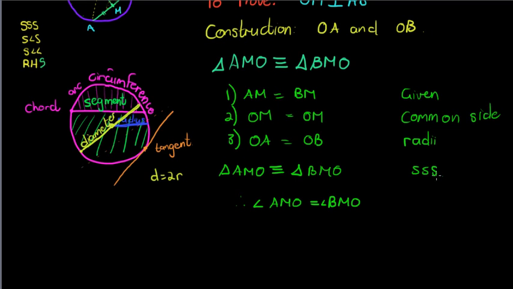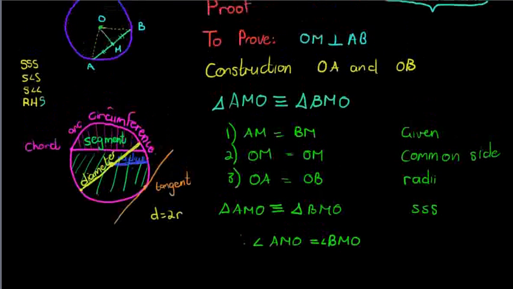And what is our reason? Why can we now say these two angles AMO and BMO are equal?